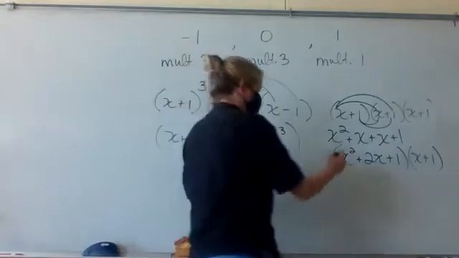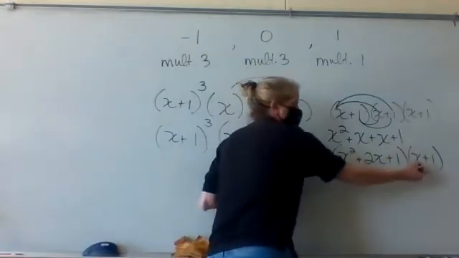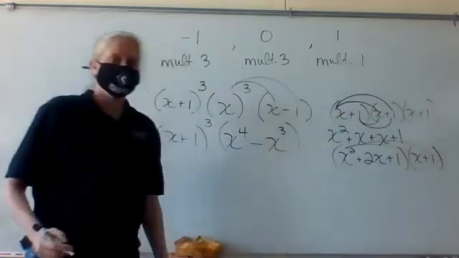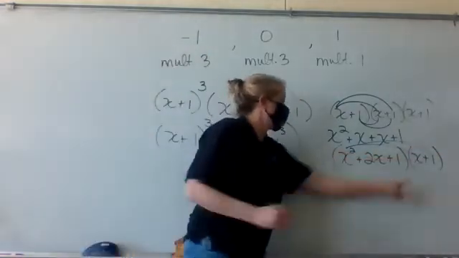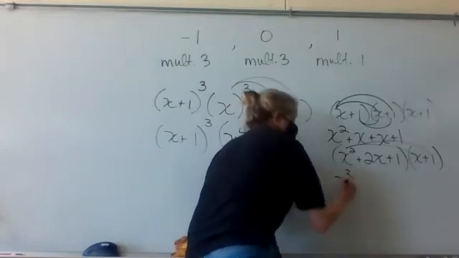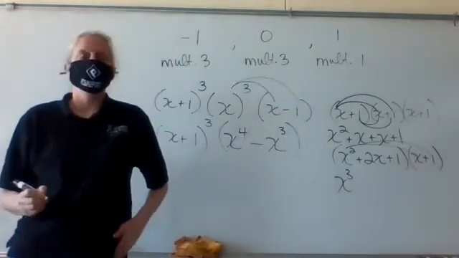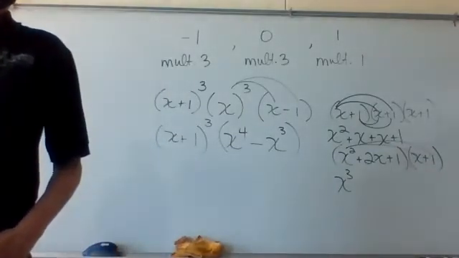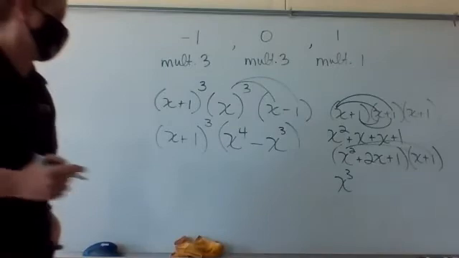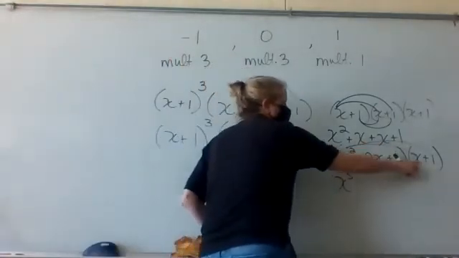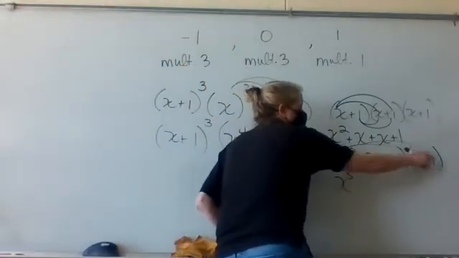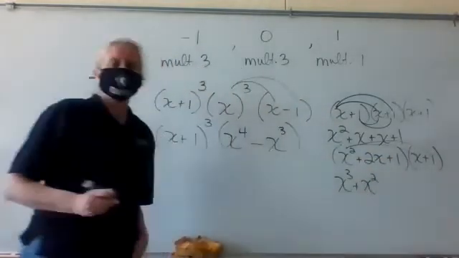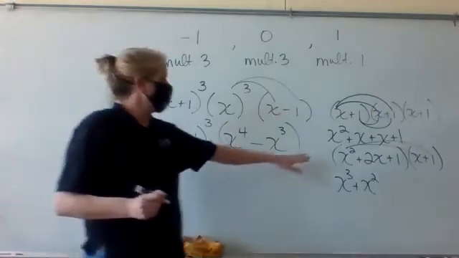And then distribute this. So the x squared will go to both of those. So let's see, x squared times x gives me x to the third. Remember, I'm going to end up at degree 7. So at some point, I'm going to have x to the 7th. So there x squared times x is x to the third. X squared times positive 1 is x squared. So I'm done with the x squared.